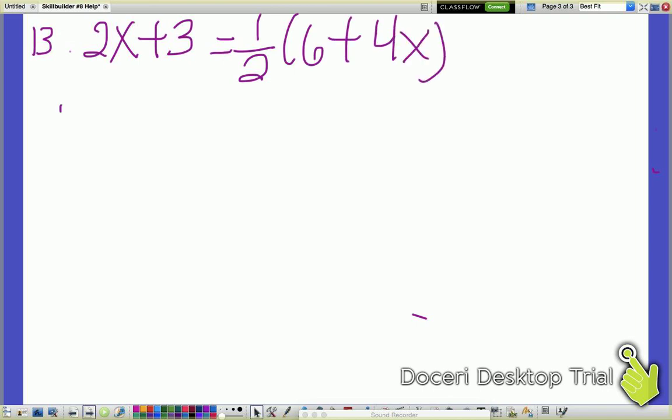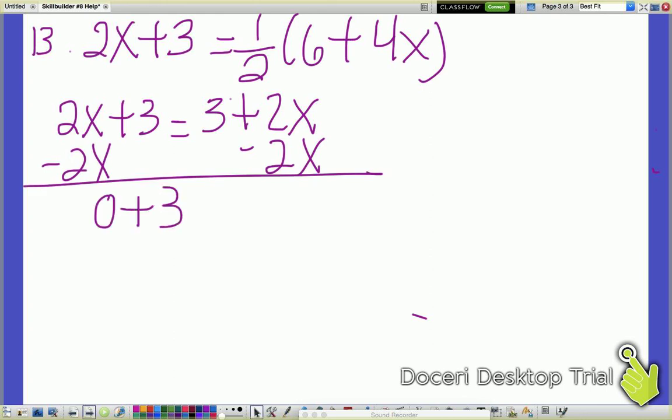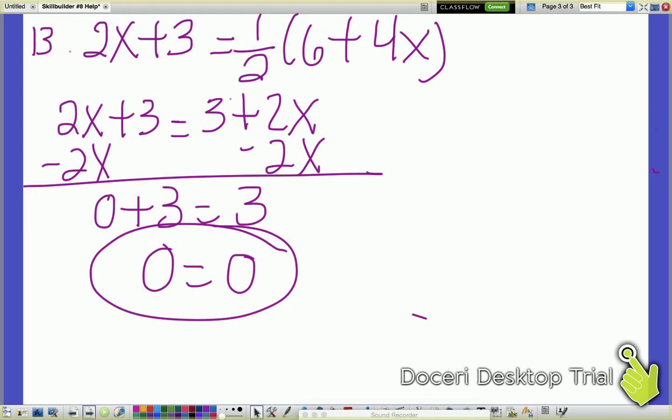So I have 2x plus 3, half of 6 is 3, half of 4x is 2x. Okay, well, when I subtract, I get 0 equals 0. Okay, so what does that actually mean?